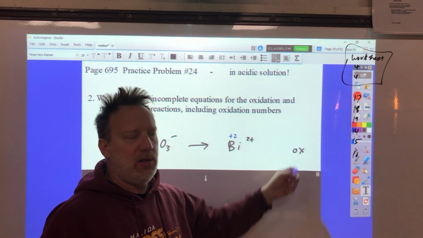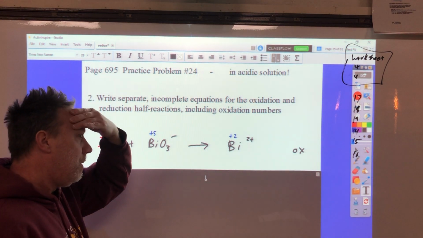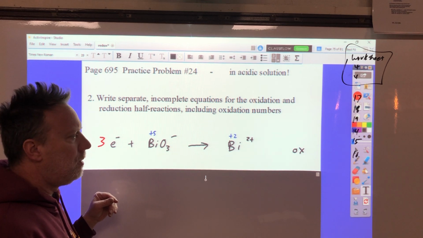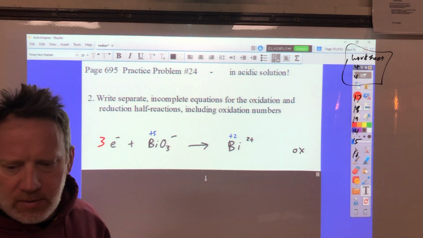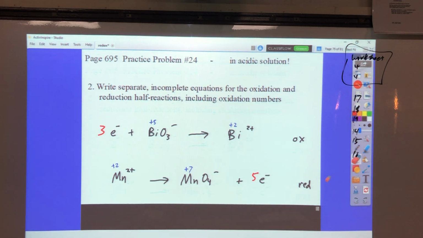This is an oxidation because, this is a reduction. I have this upside down. This is a reduction. Oxidation is losing, reduction is gaining. Hopefully.